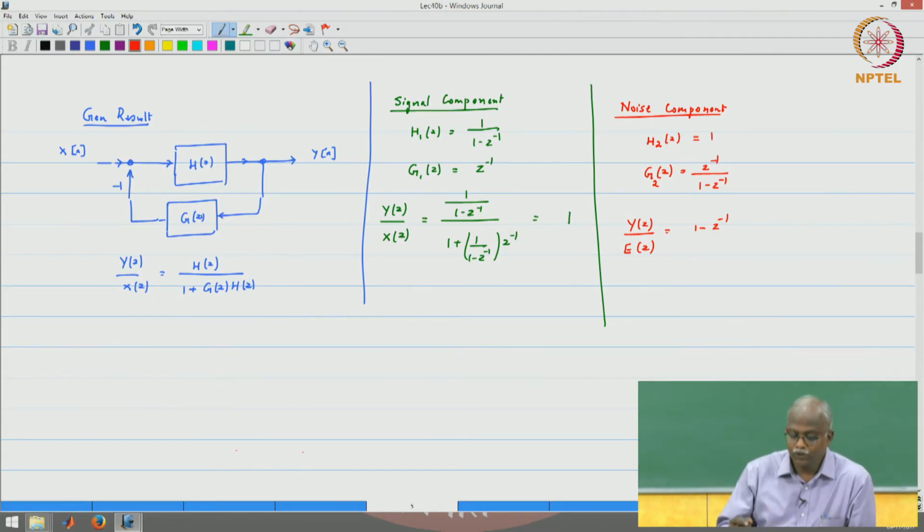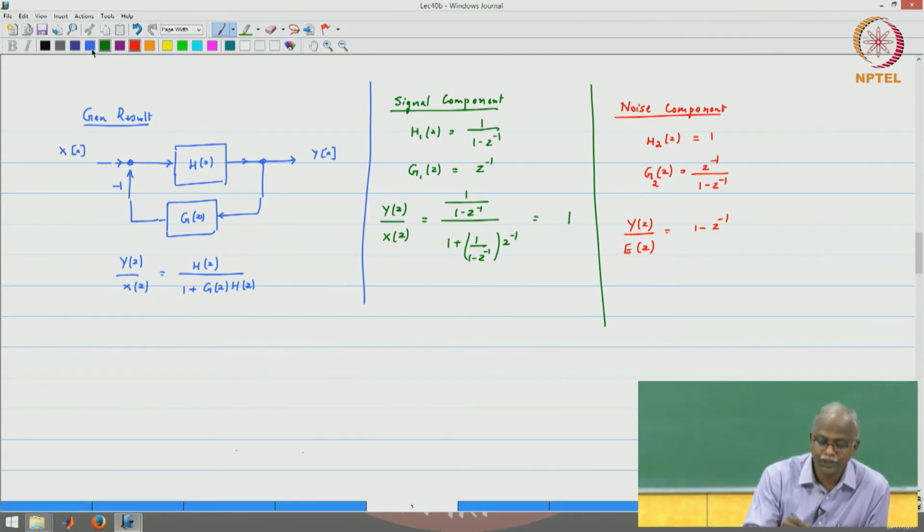Now, we are ready to invoke superposition. Invoking superposition between the two linear inputs, one is x[n] and the other one is e[n], the output must be the sum of the outputs due to each of those inputs.